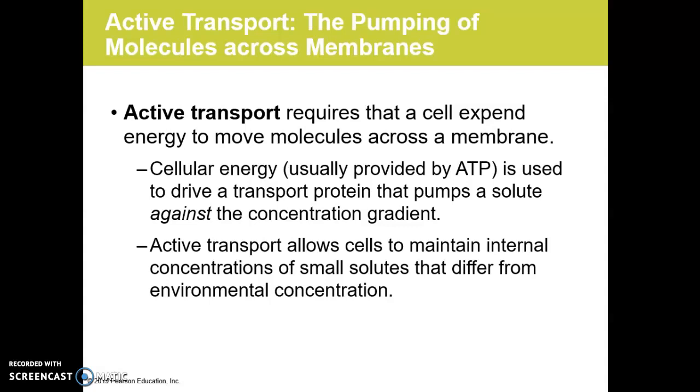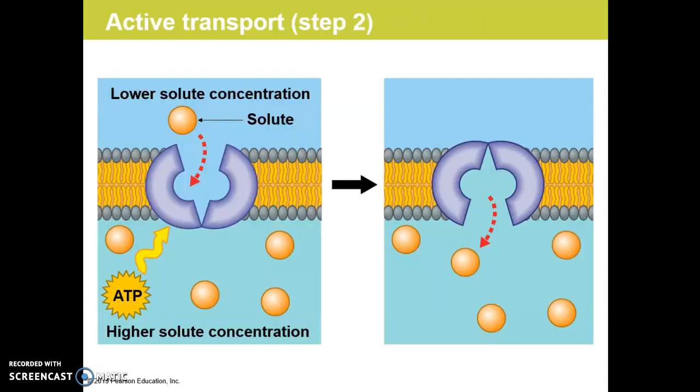Active transport is important because sometimes cells need to maintain their internal environment in a way that the solute concentration of certain solutes are either higher or lower, so either hypertonic or hypotonic compared to what's in the environment.